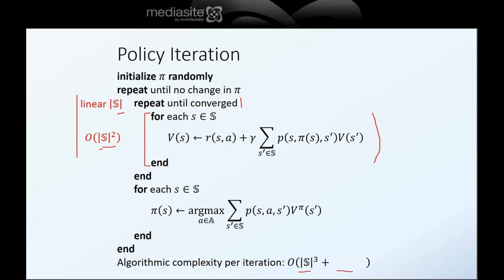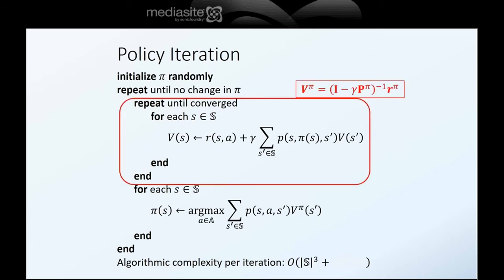So this is order S cubed. I have kept space here for the next step. So the first step is order S cubed, which is one iteration of the outermost repeat loop, and it's of order S cubed. It is policy evaluation.